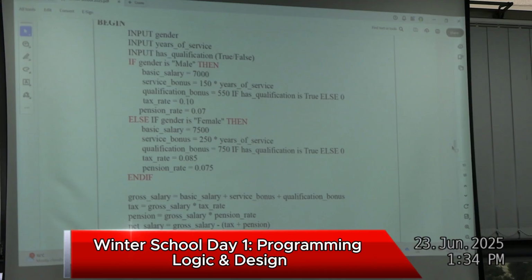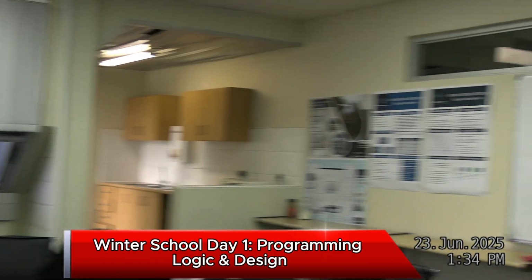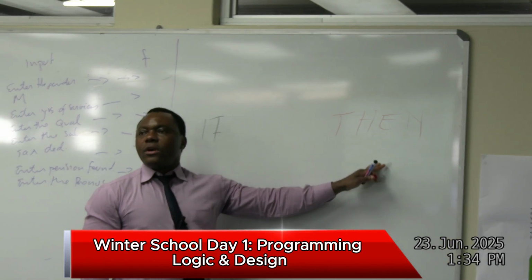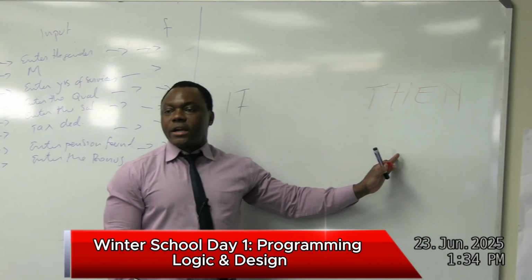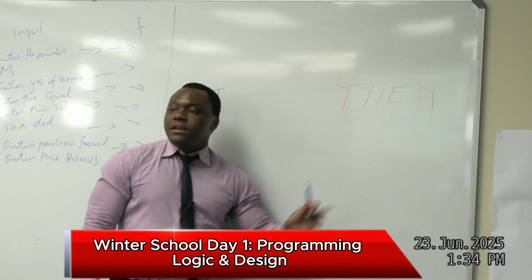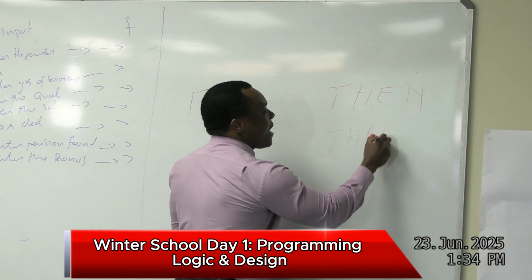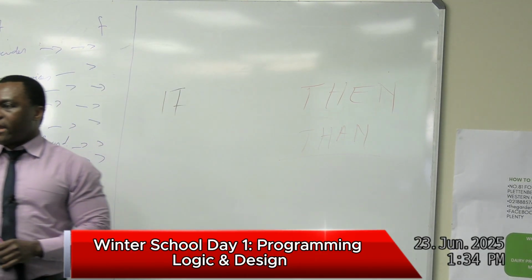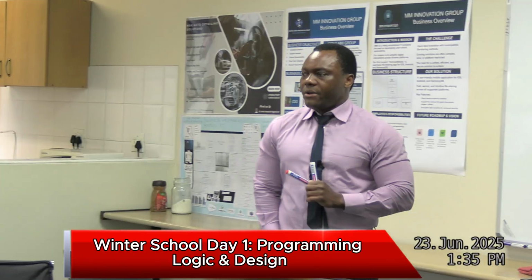Statement. Okay. At the end of that if statement, there is a then. If you don't put this then, for your entire if statement you have 0 as a student. Okay. This then is totally different from the than of comparison. I'm not talking about THAN of comparison. I'm talking about THEN. Once you use an if statement, at the end of your if statement, a then must be used.